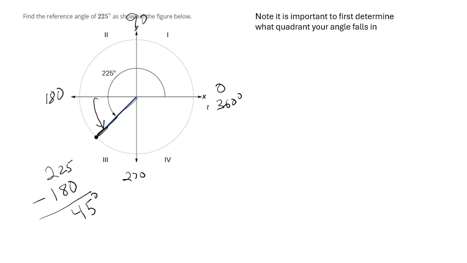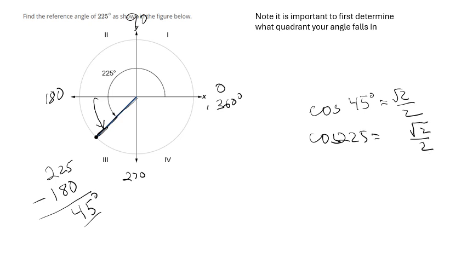And guess what? I know that for 45 degrees, cosine of 45 degrees is the square root of 2 over 2. Well, since this is the reference angle, cosine of 225 degrees is not necessarily square root of 2 over 2 because we haven't captured the sign, but x is negative in the third quadrant.